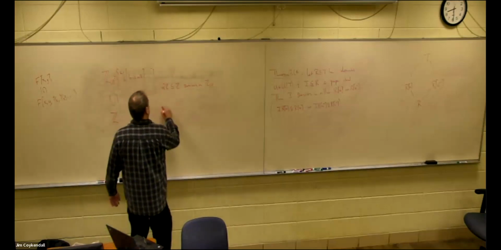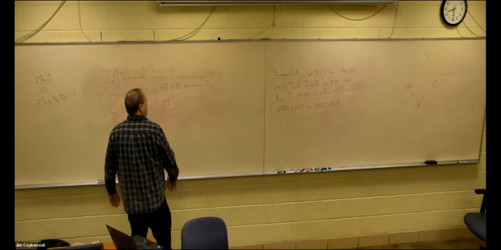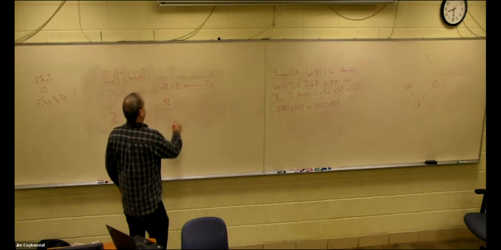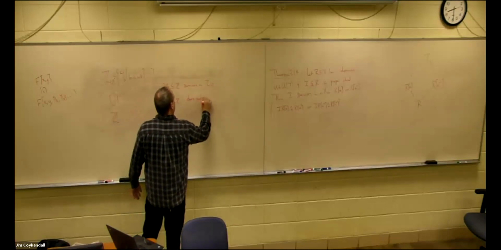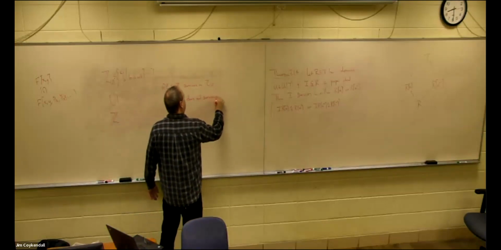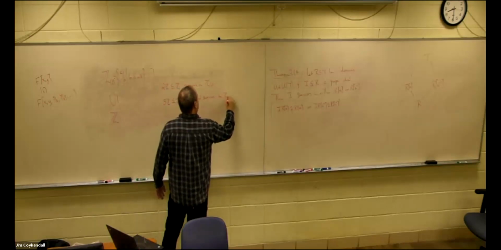On the other hand, 3Z, or in fact any odd multiple of Z, does not survive in Z localized at 2.